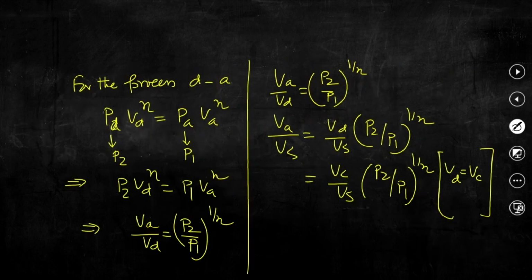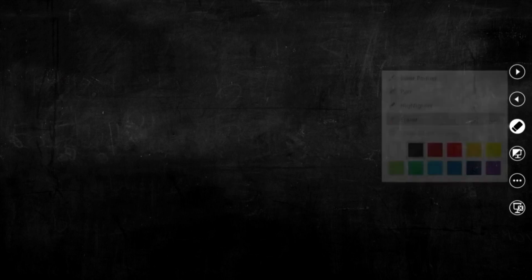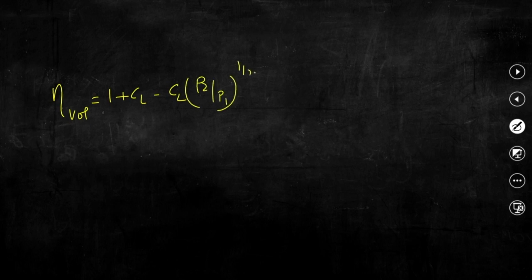So, next what we can do, Vd equal to VCL, so this is Cl into P2 by P1 power 1 upon n. So, we can next write that the volumetric efficiency, eta volume, equal to 1 plus Cl minus Cl into P2 by P1 power 1 upon n.